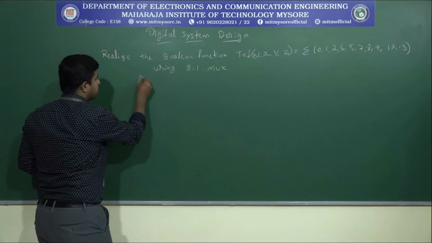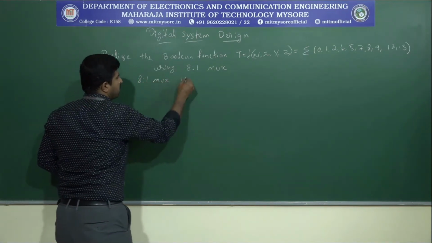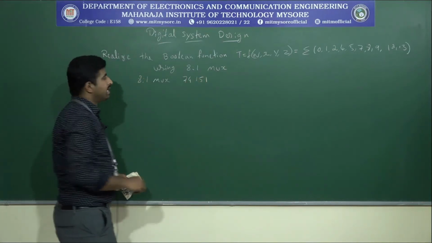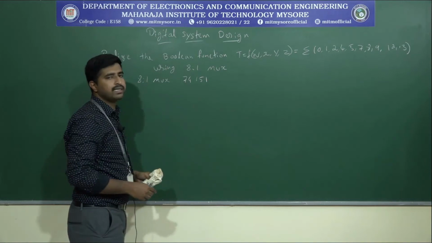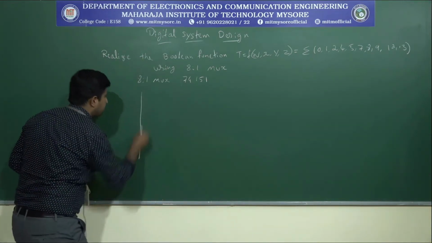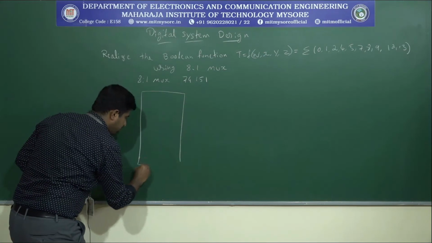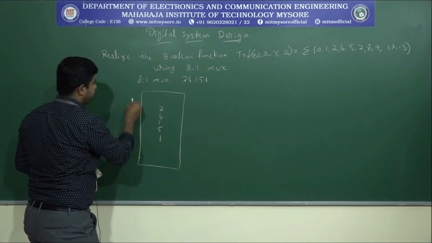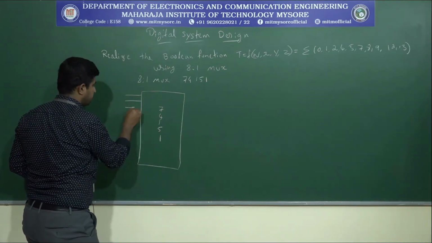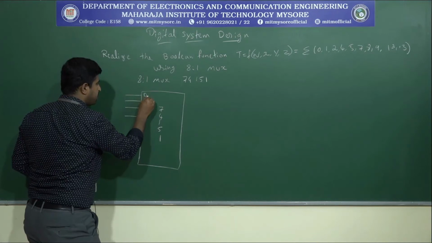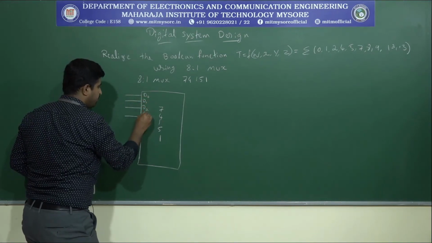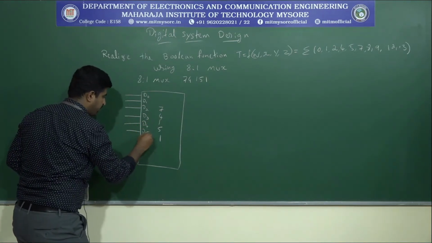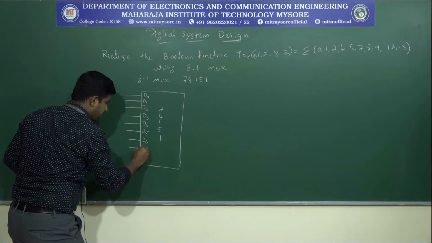So 8:1 mux means 74151. Let's draw the circuit diagram of an 8:1 mux. The 74151 has 8 inputs and 1 output. I will name them D0, D1, D2, D3, D4, D5, D6 and D7.